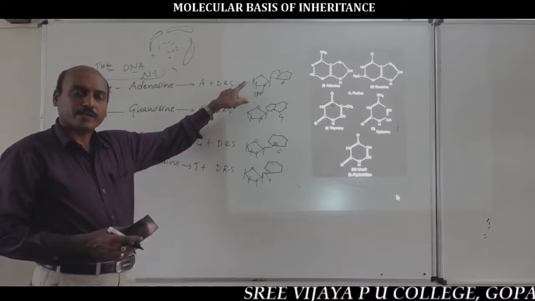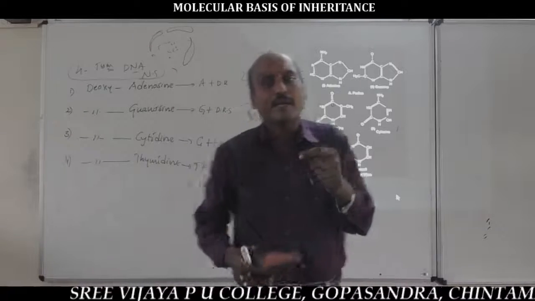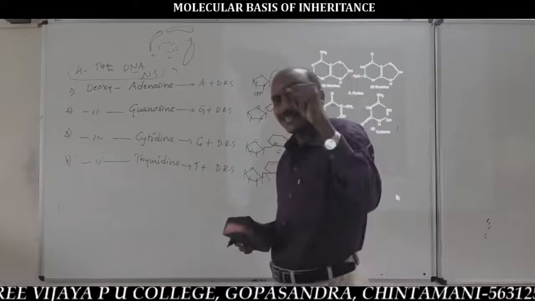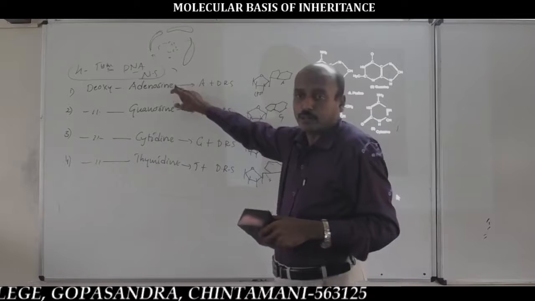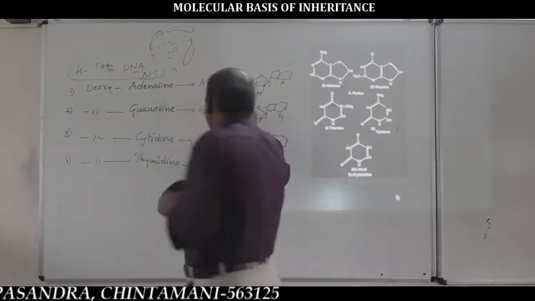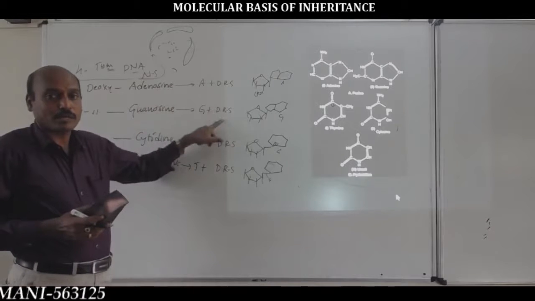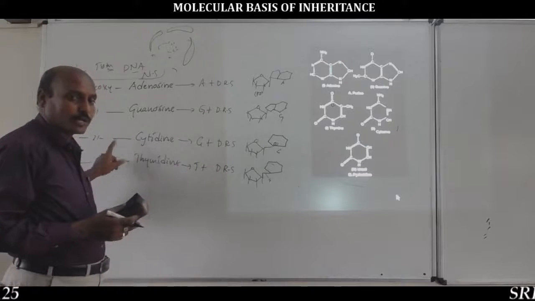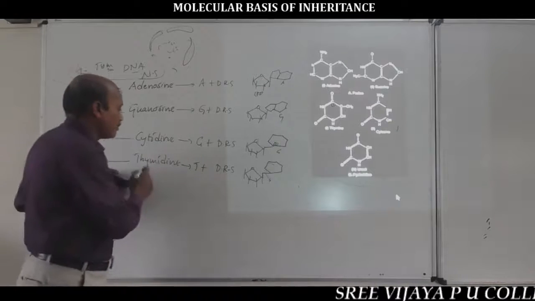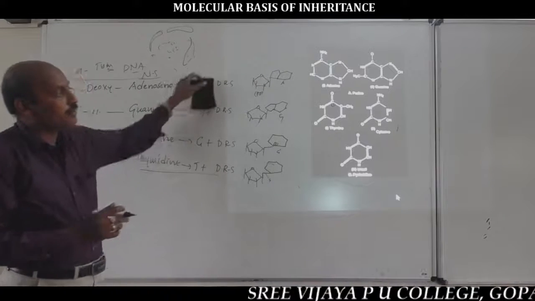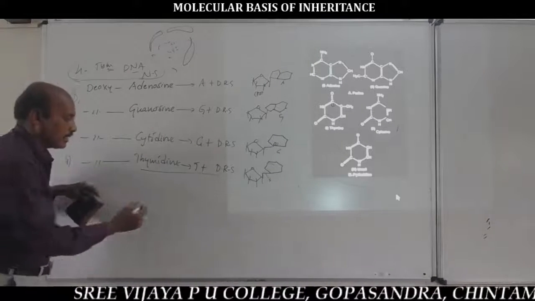So here the number and types of DNA nucleosides are decided by the type of nitrogen base present in it. If adenine binds to pentose sugar, deoxyribose sugar, then it is deoxyadenosine, while guanine binds to the pentose sugar to give deoxyguanosine, cytosine binds to the pentose sugar to give deoxycytidine, and thymine binds to the pentose sugar to form deoxythymidine, the 4 different types of nucleosides of the DNA.